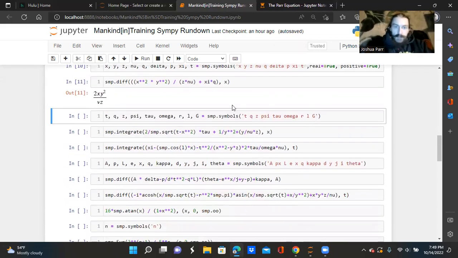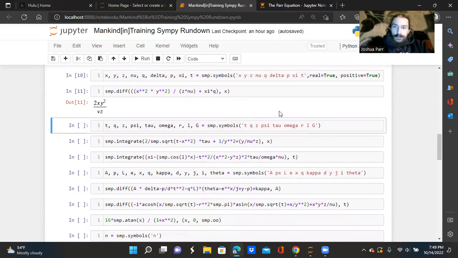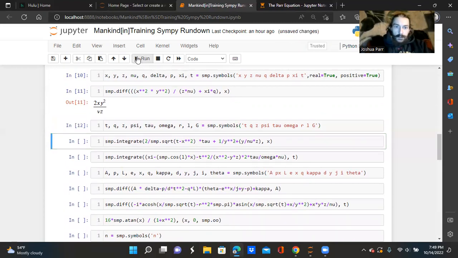So now that I have my answer that I was looking for earlier, I needed to get some more expressions built into Sympy. I'm going to run that real quick. So now Sympy has x, y, z, and now t, q, z, psi, tau, omega, r, l, and g. These were variables I needed for the next thing I was doing.